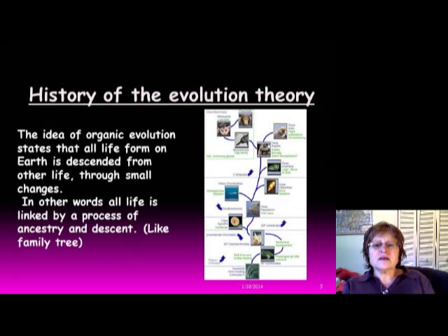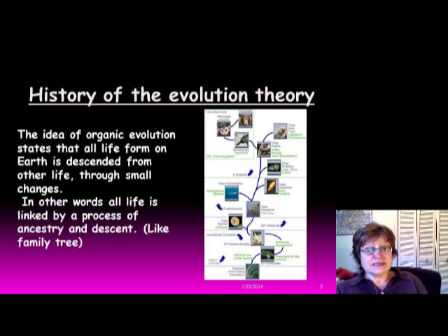So we're going to start with the earliest thoughts of evolution. The idea of organic evolution states that all life forms on Earth are descended from other life through small changes. In other words, all life is linked together by a process of ancestry and descent.